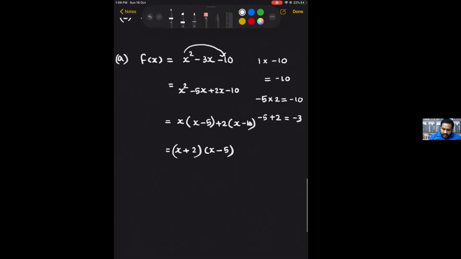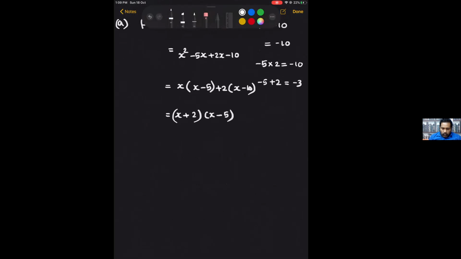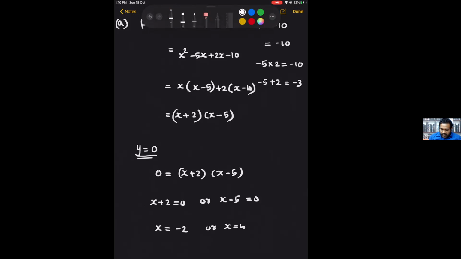Am I correct? Now, if this is intersecting at the x-axis, we can equate the y coordinate to 0. So that means 0 is equal to x plus 2 into x minus 5. So either x plus 2 is equal to 0 or x minus 5 is equal to 0. So that means x is equal to minus 2 or x is equal to 5.